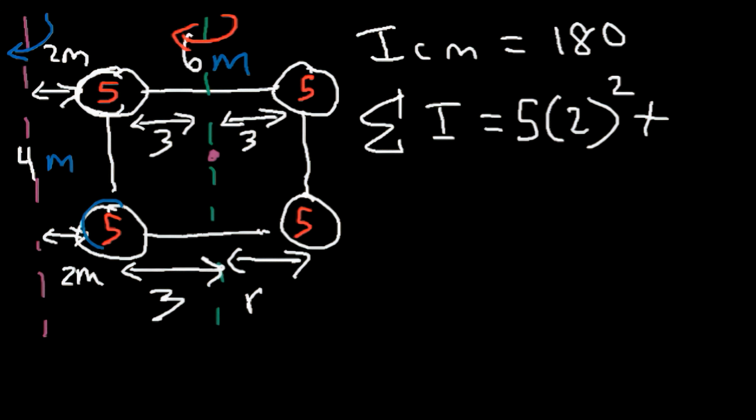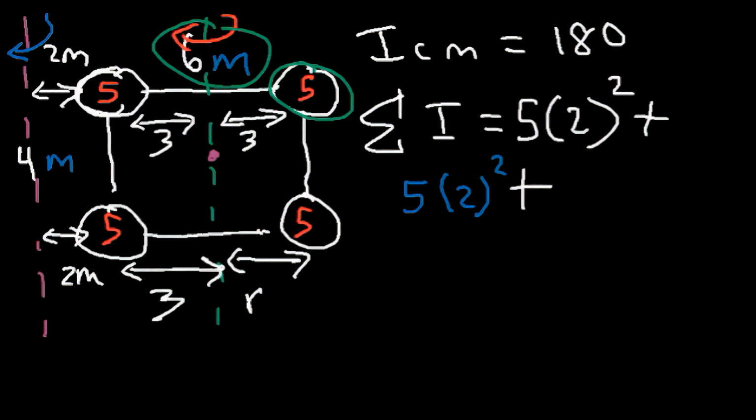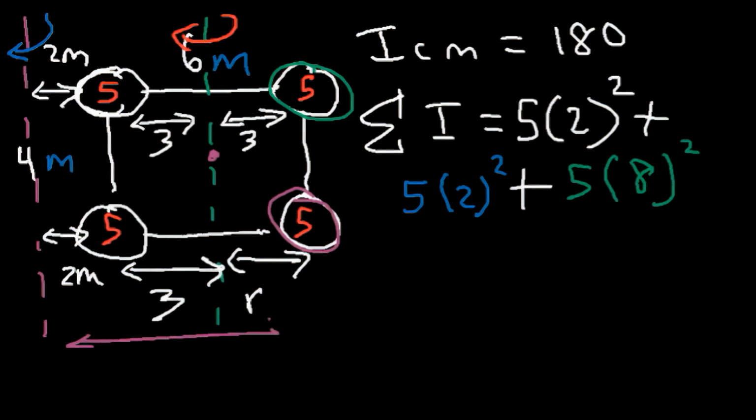Now the same is true for this one. It's 2 meters away. Now for the next 5 kilogram object, it's a distance of 8 meters away from the axis of rotation. It's 6 plus 2. So it has a mass of 5, but an r value of 8. And the last one is the same. It's 8 meters away from the axis of rotation, and it has a mass of 5. So plus 5 times 8 squared.